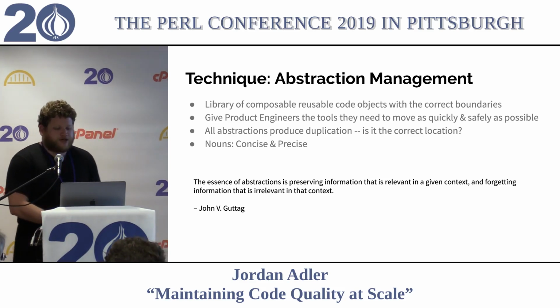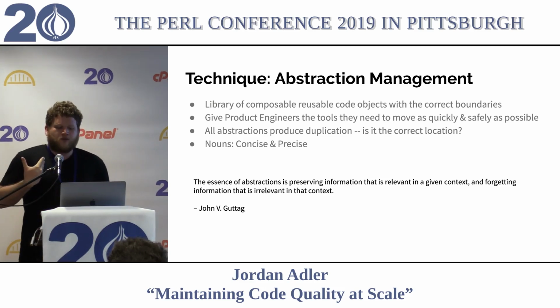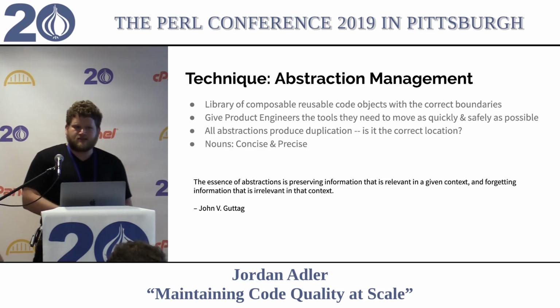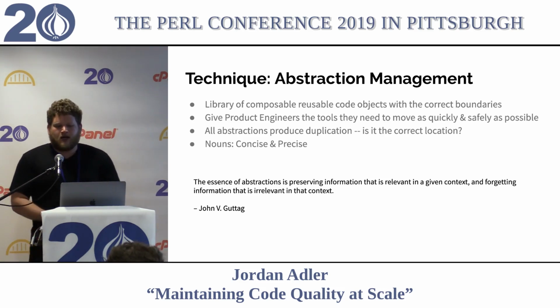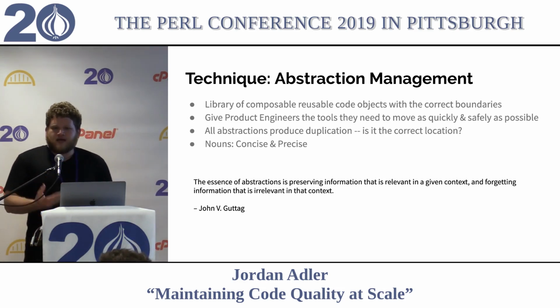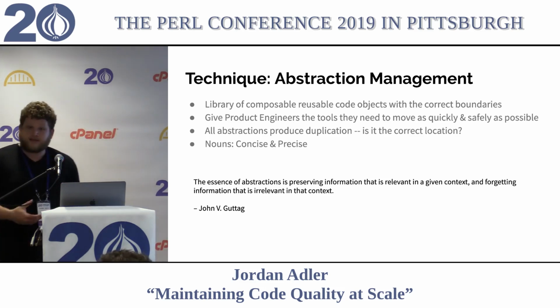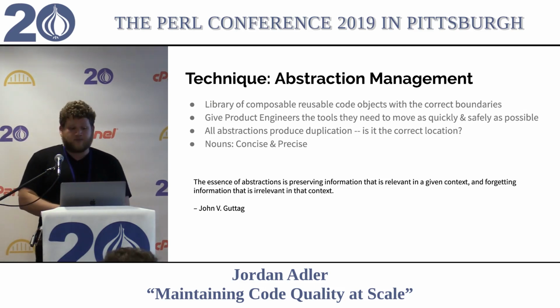So thinking about abstraction management, I think about what are the tools that we can give product engineers, the building blocks they can use to change the system as quickly as possible, as safely as possible. And how do you make it composable, reusable, modifiable with a minimal effort required, right? Those are important things. And how you structure your code is what enables that.